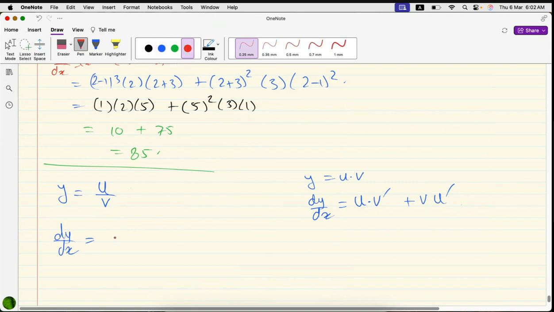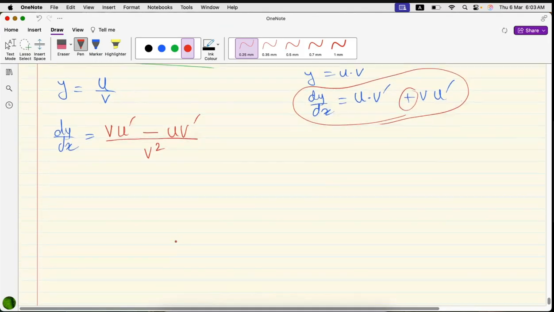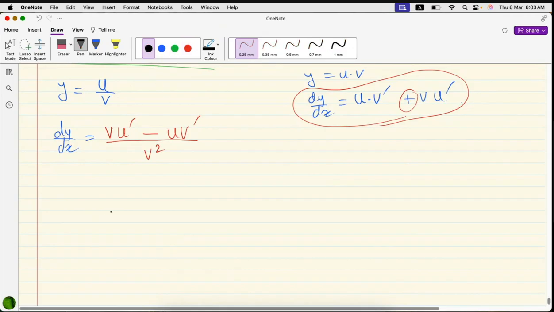Now this is quotient rule. We do v into differentiation of u minus u into differentiation of v over v square. In the product rule, it was possible that you can interchange, but now no, because that's a negative sign. That was positive. It stays fixed.